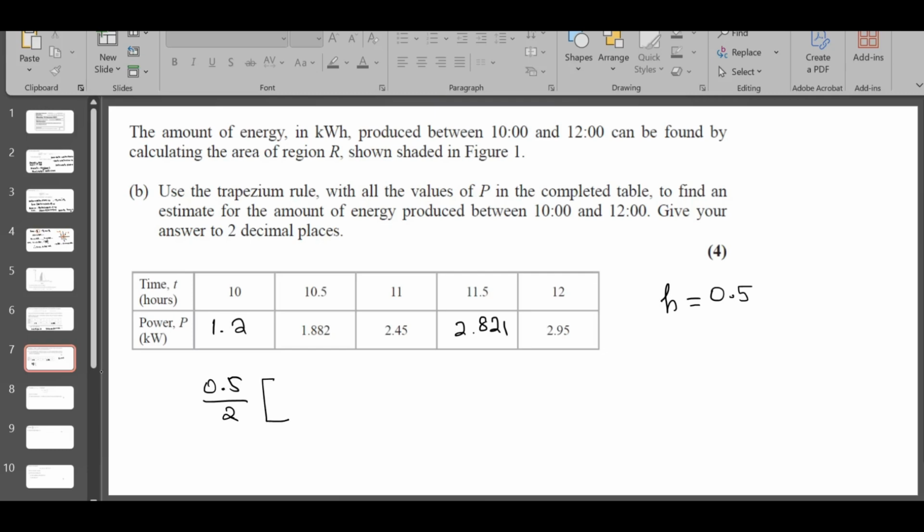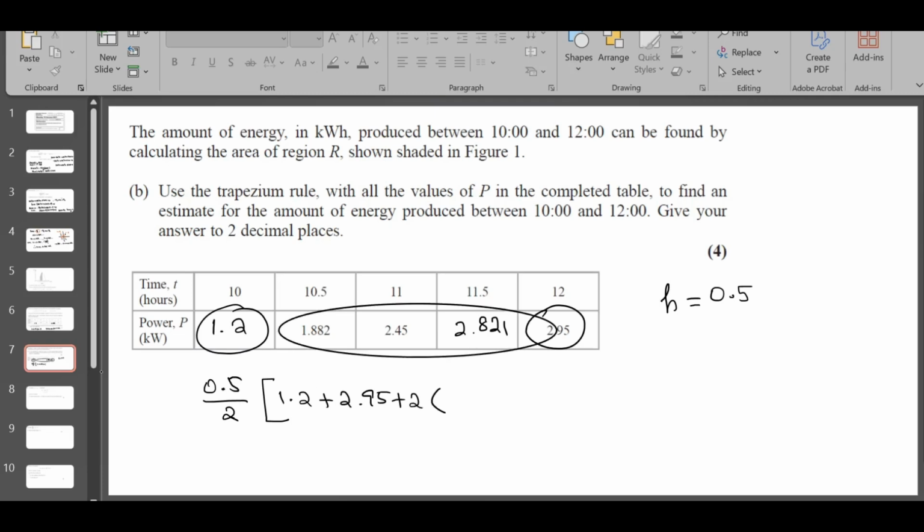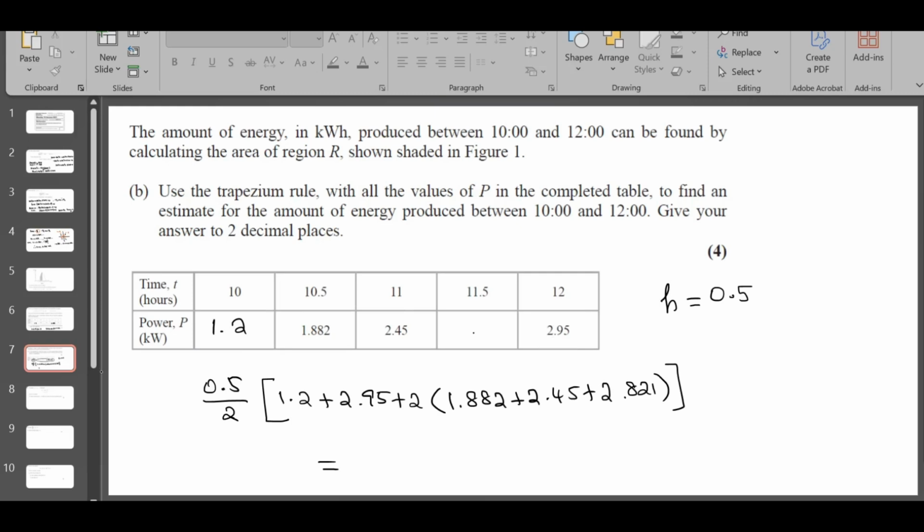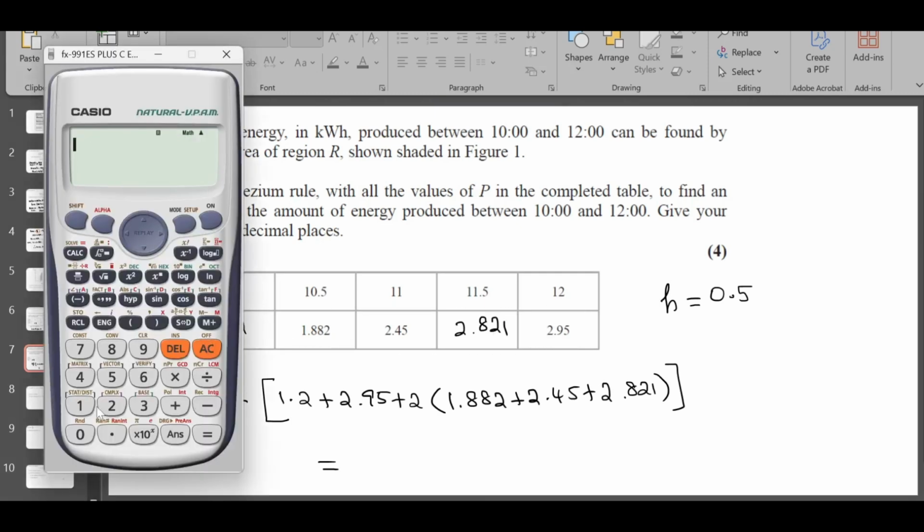times the first and last value of Y, in this case, value of p 1.2, 2.95 plus 2 times the sum of the rest of the values of y. 1.882, 2.45, 2.821. Round it to 2 decimal places. So 0.5 over 2 times 1.2 plus 2.95 plus 2 open bracket.